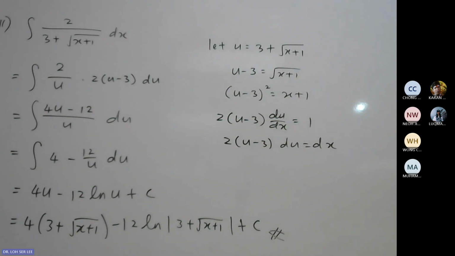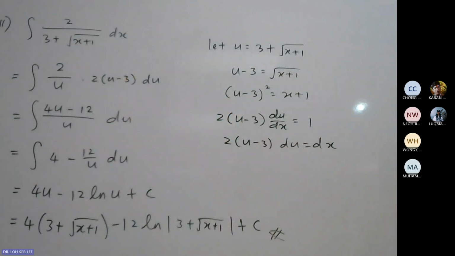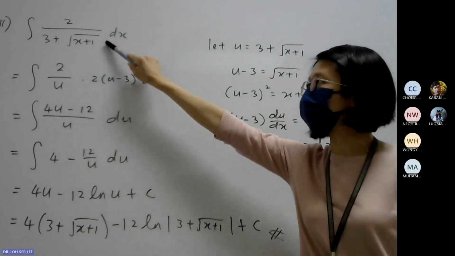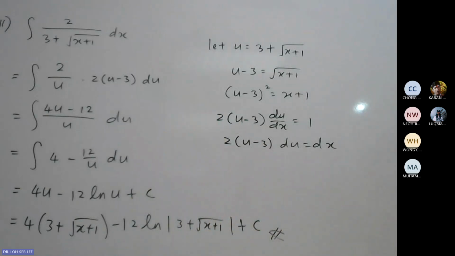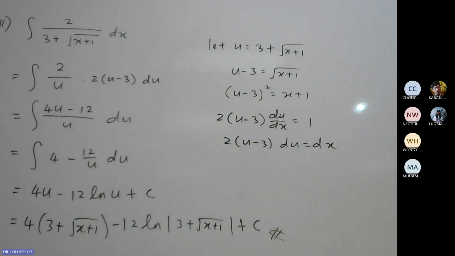You can choose any u as long as you manage to change all the x into u. But after you change, if this is simpler than this, then you have successfully chosen a suitable u. If after you change it looks more complicated, maybe you can find another one. Or if you didn't manage to change all the x into u, that means you can't use it.